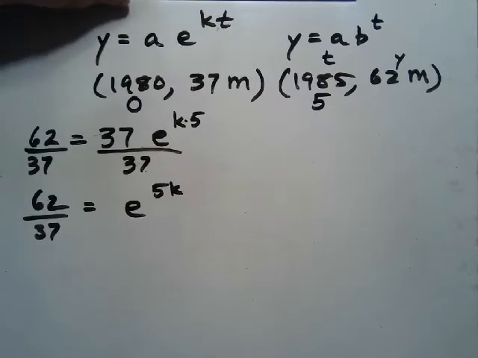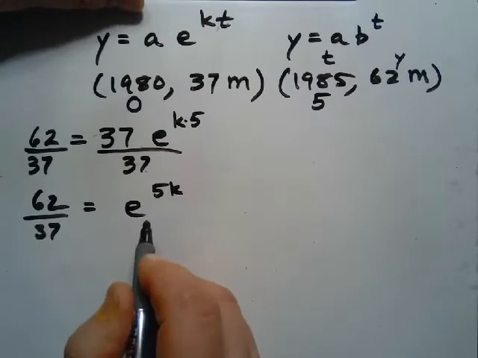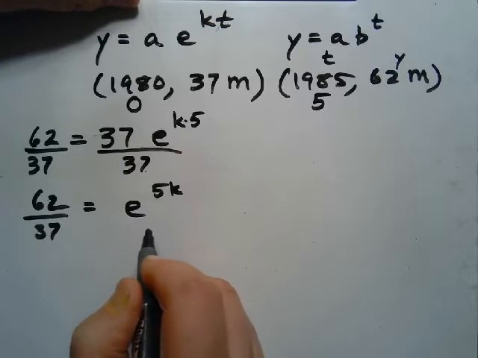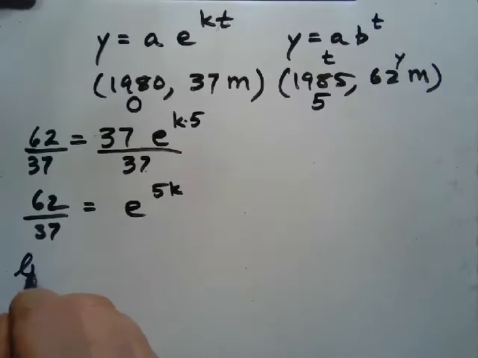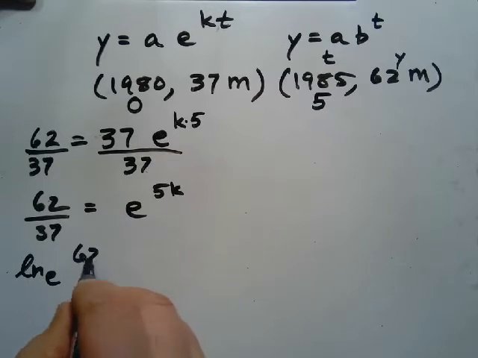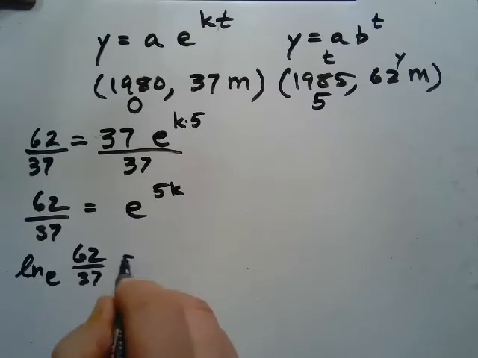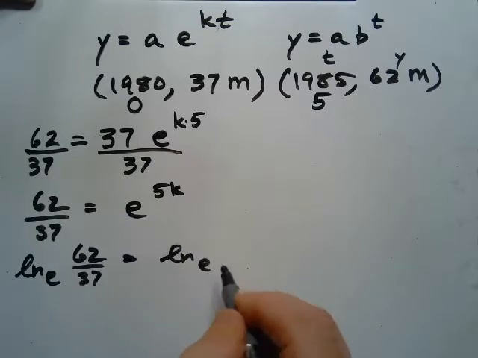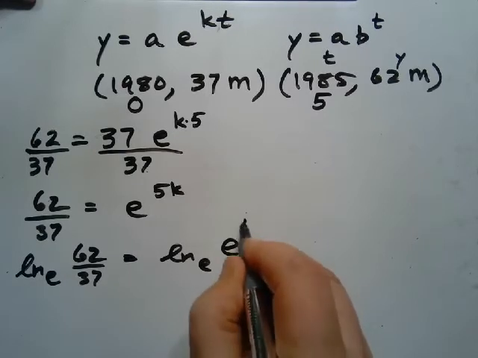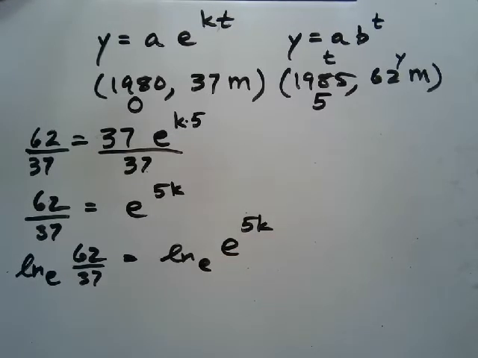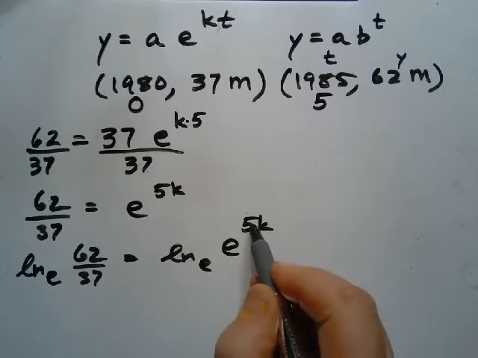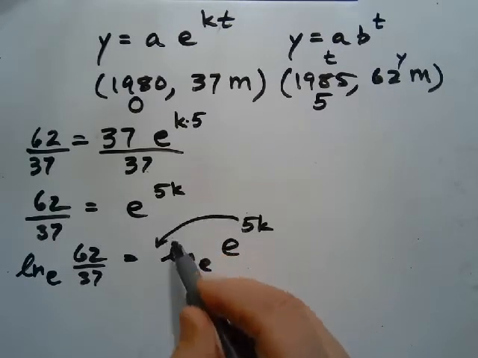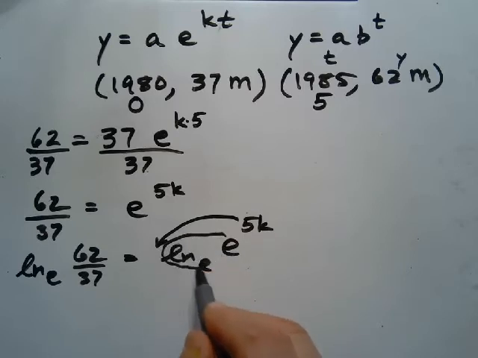Now, in order to solve this, we're going to have to take the log of both sides, and the natural log would be the natural one to use here because I've got a base e. So natural log of 62 over 37 is equal to the natural log of e to the 5k. As we've been discussing all along, when we see an exponent, we can drive it around to the front, and in this case the log of e becomes 1.